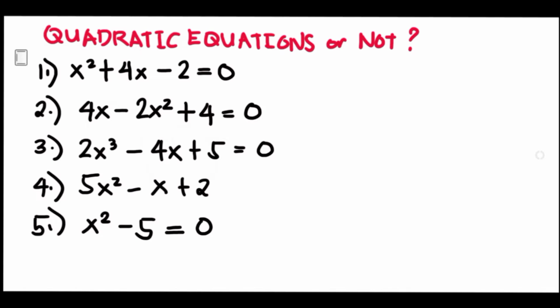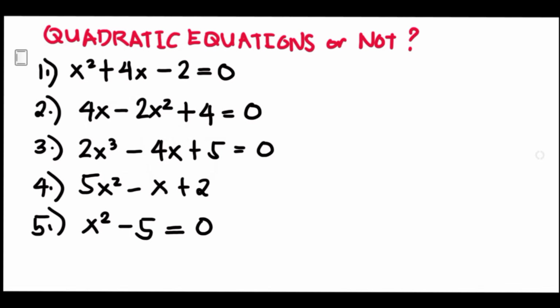So let's try to determine if the following items here are quadratic equations or not. So the first one is x squared plus 4x minus 2 is equal to 0. Remember that if it is a quadratic equation, the highest exponent should be 2.